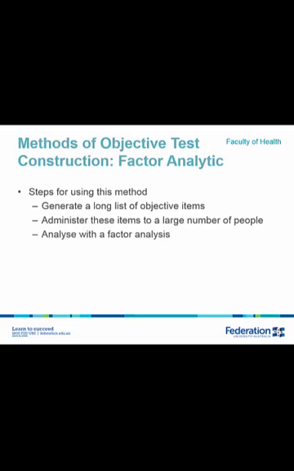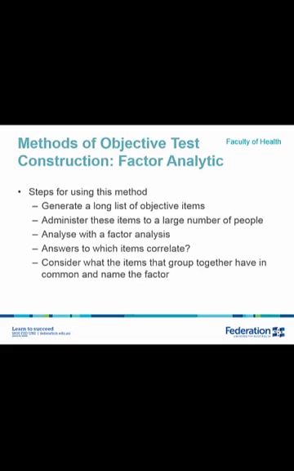So we're looking at answers to questions that correlate with each other, and we can identify these through factor analysis. So then the next step is to consider what the items that group together have in common and to actually name the factor. So in the case of Holland's interest scale that we just looked at, we had items that represented investigative interests and artistic interests, so those factors were named after those types of interests.